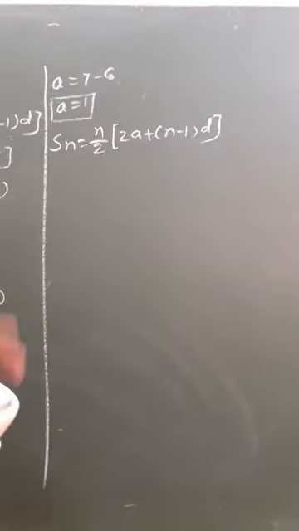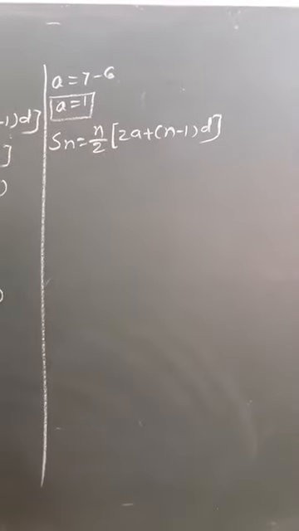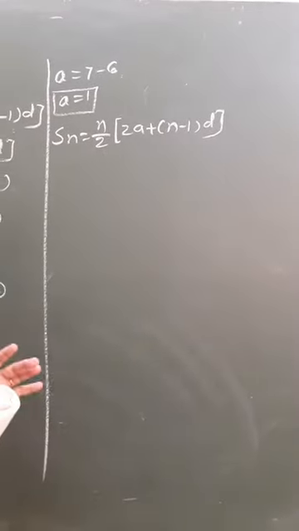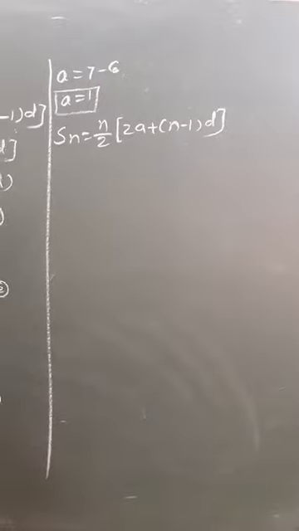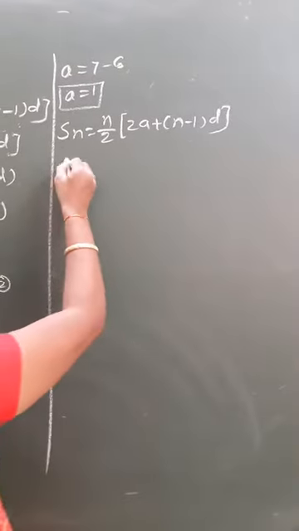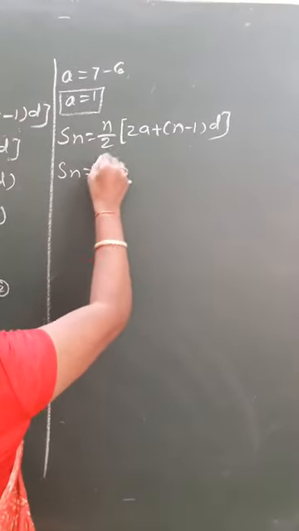Now we got a is equal to 1 and d is equal to 2. They have asked us to find the sum of n terms, so we will substitute the values of a and d.